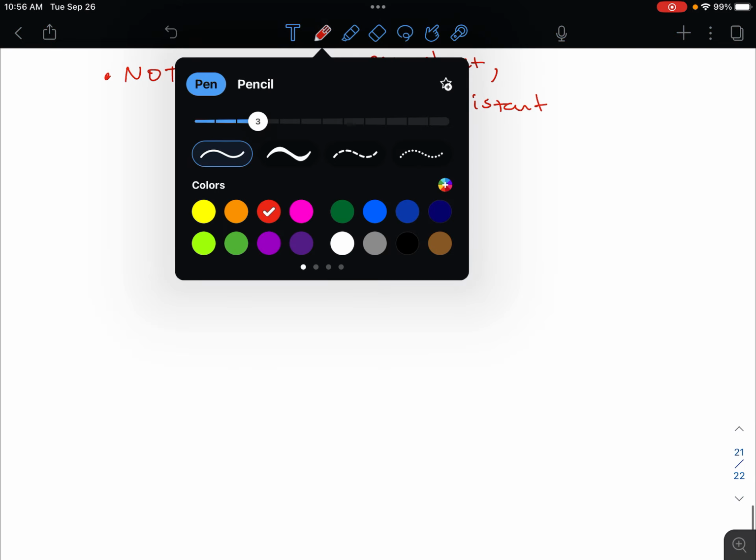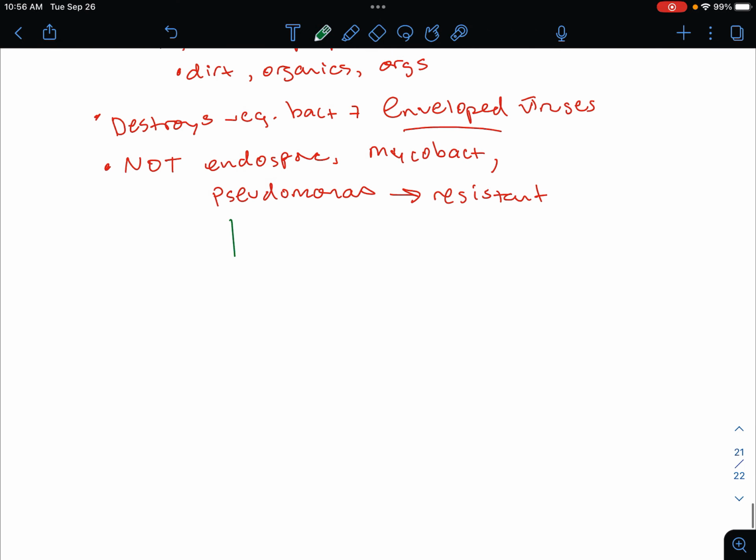Okay, so we talked about all those reagents, so let's talk about hospital settings. So why do we need to control microbes in hospitals? There's a danger of healthcare-associated infections.